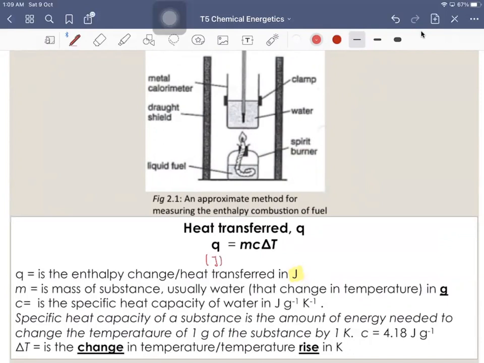Mass is usually in grams. There are two masses here, so be careful. There's mass of water. There's also mass of the alcohol. The reason why we want to know the mass of alcohol is because we want to know how much we have burned.